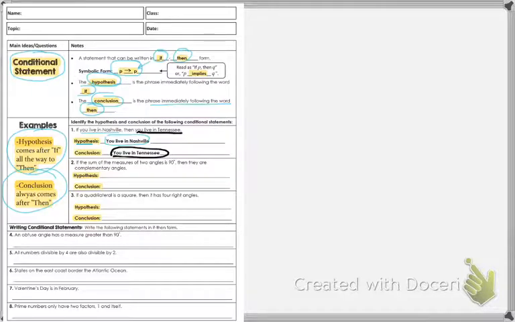Hypothesis, so I look for the word if. That means everything after that. So I'm going to put, not even know if I'm going to be able to fit everything.